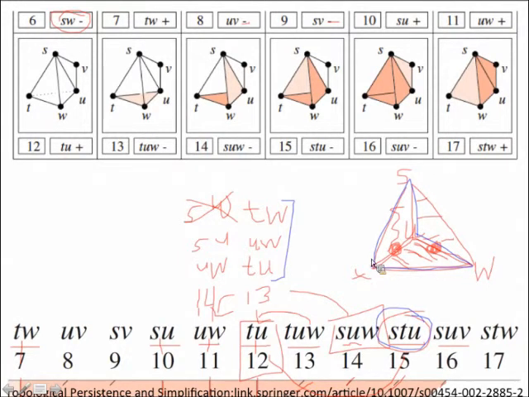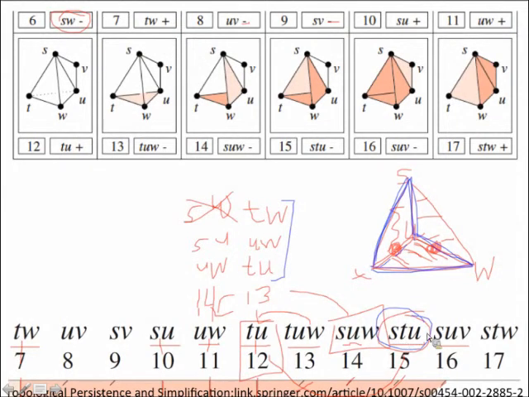So I want to work with the youngest cancellation, and if I work with the youngest cancellation for this triangle here, I would have been getting TU, but TU's already been taken. So I don't actually want to work with this cycle. I instead want to work with this cycle so I can still do the youngest cancellation, which could be TW. So what we do here is add on the boundary.